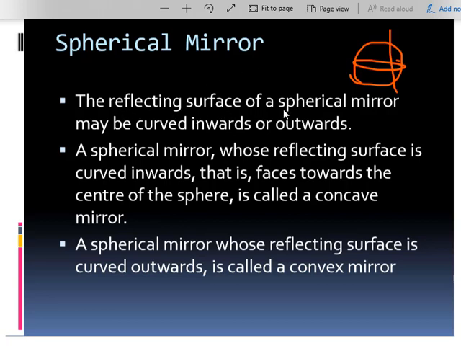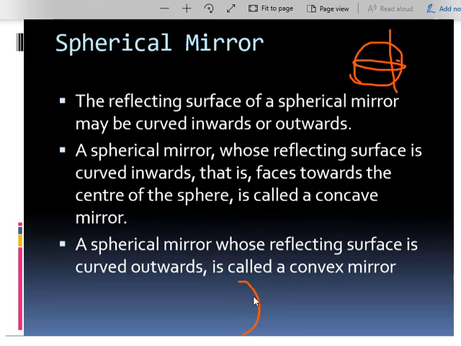The reflecting surface of a spherical mirror may be curved inward or outward. Here we consider a spherical mirror like this. This region is the curved one, so we will consider this region as the mirror.